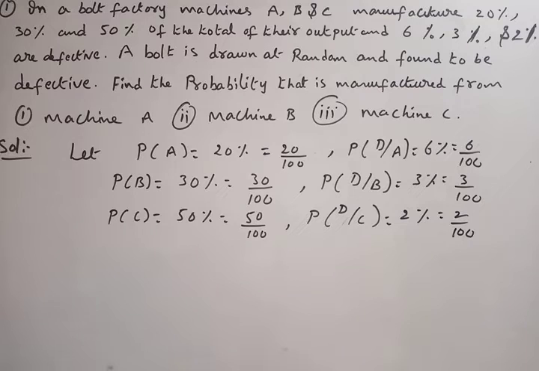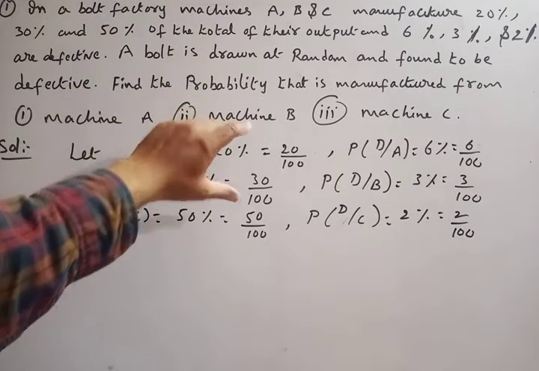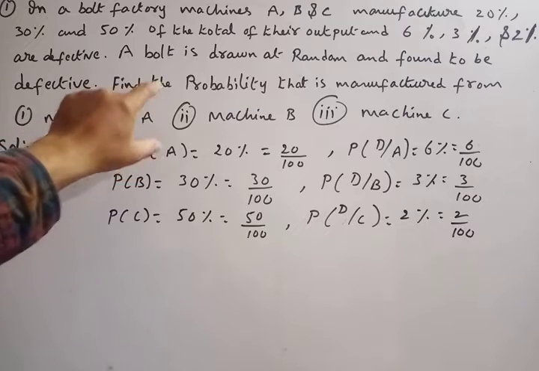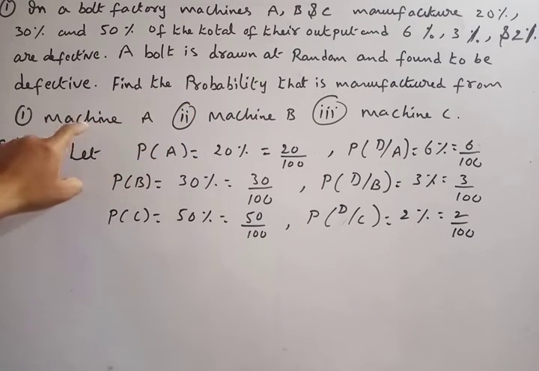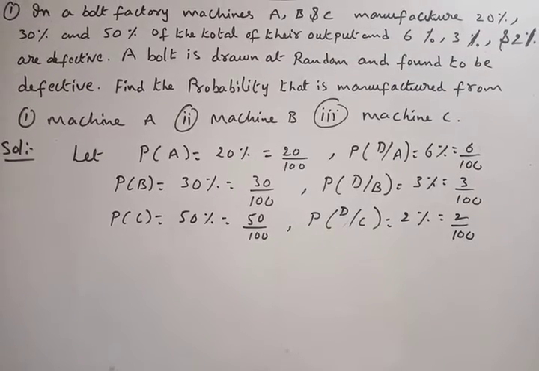Now what he is asking: if a bolt is drawn at random and found to be defective, that bolt is manufactured from machine A, machine B, or machine C. Okay, now write down the statement.